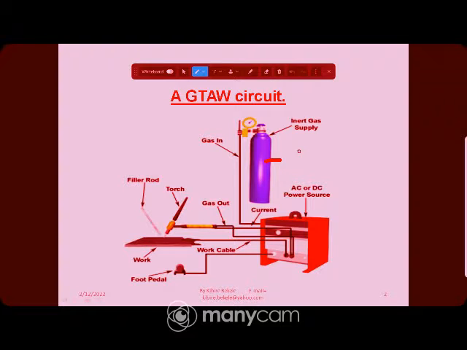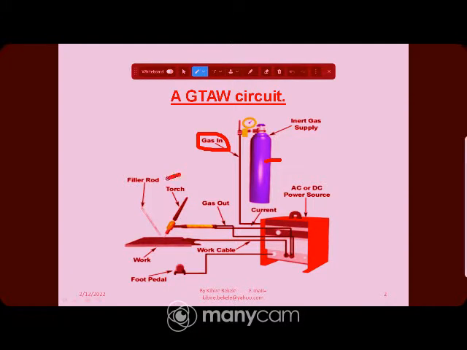So as you see, this is the inert gas tank that is used for shielding the welding area. And there is also the gas inlet. This is the gas inlet, which means that through this line the gas is supplied to the welding area through the torch.